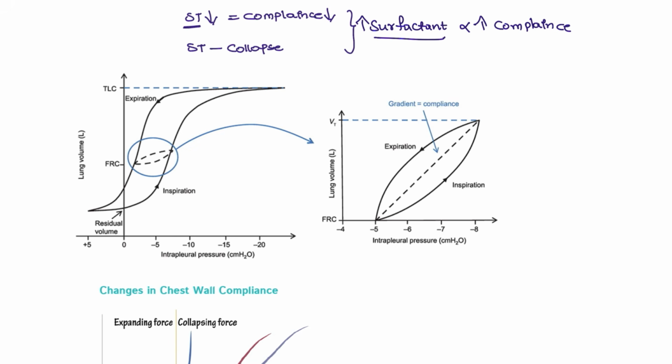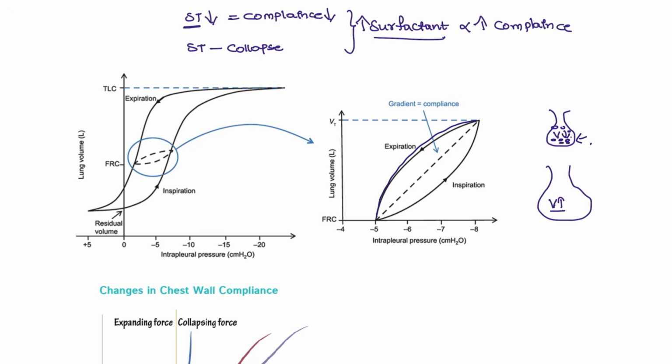During expiration, the volume of the lungs will be decreased, and during inspiration, the volume will be increased. So the surfactant will be concentrated at one point, so the compliance will be high in these patients.